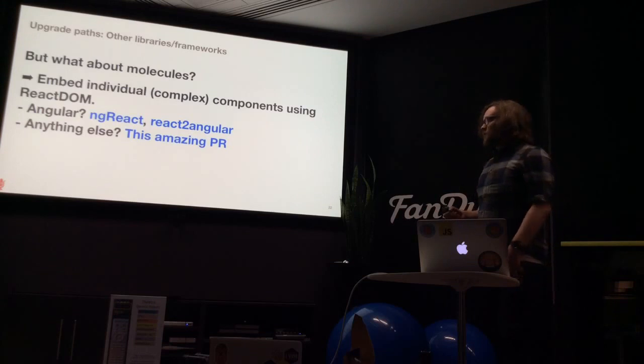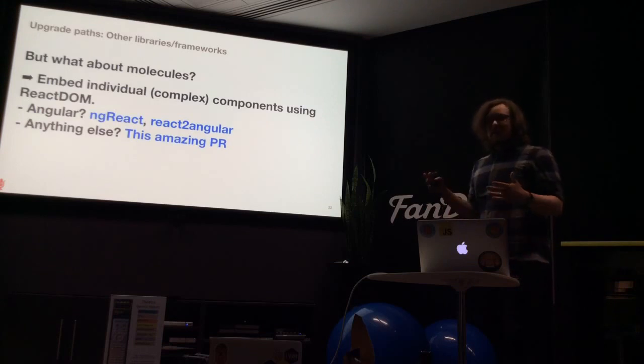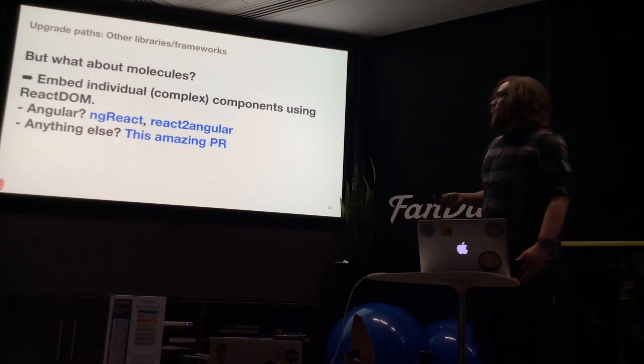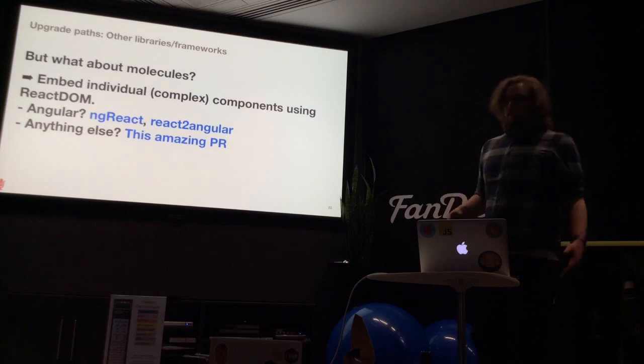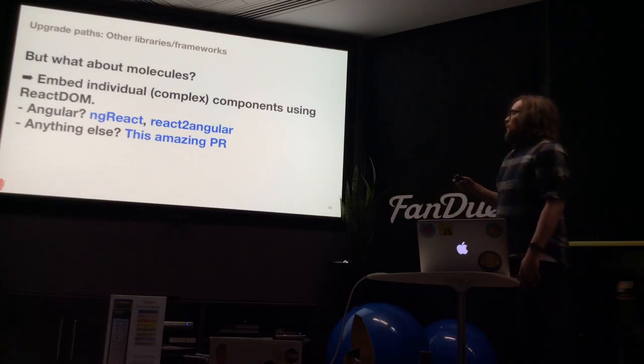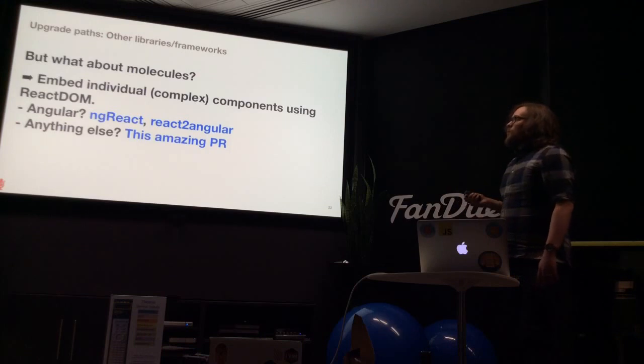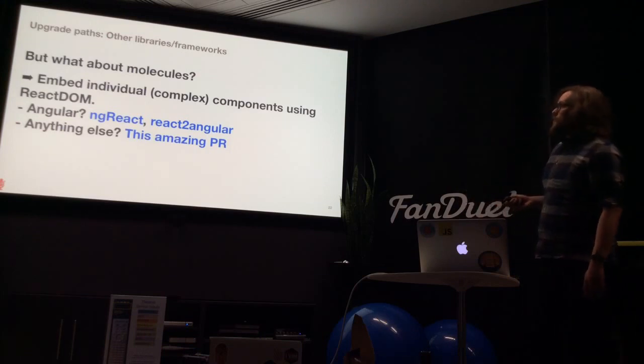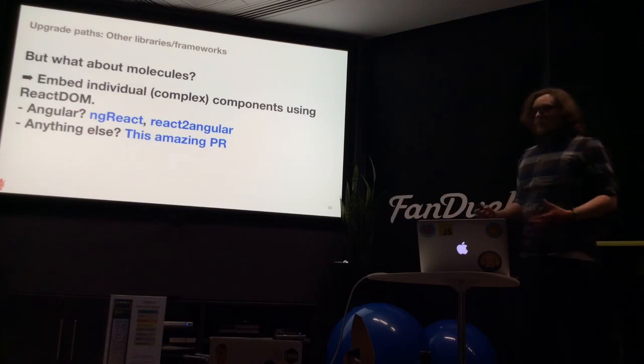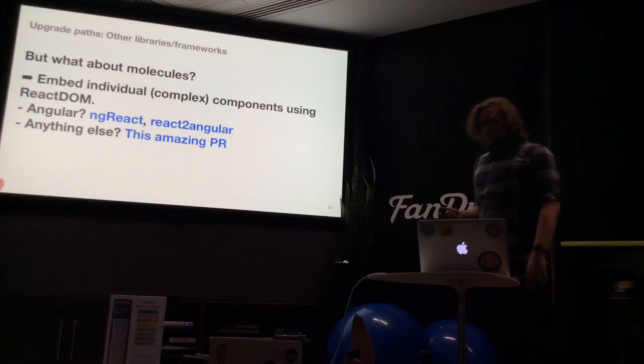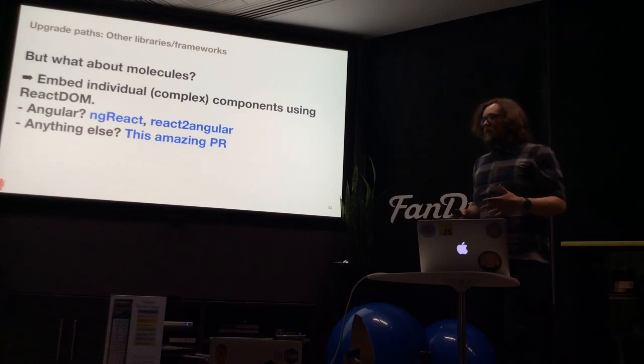So you can treat a date picker like it was its own application, and then just provide a callback if the date changes. In two of our Angular applications, we have successfully used ng-React, which wraps an individual component and makes it available as an Angular directive. There's a more modern alternative, React to Angular, which I haven't checked out.